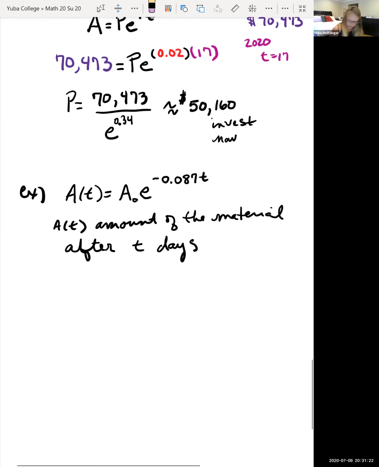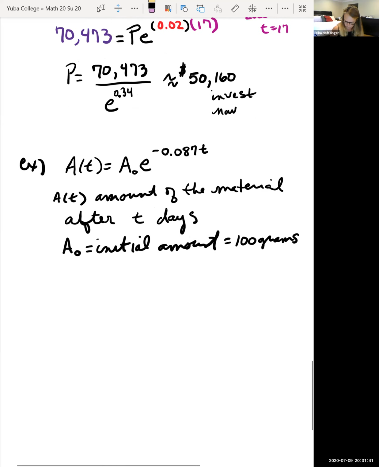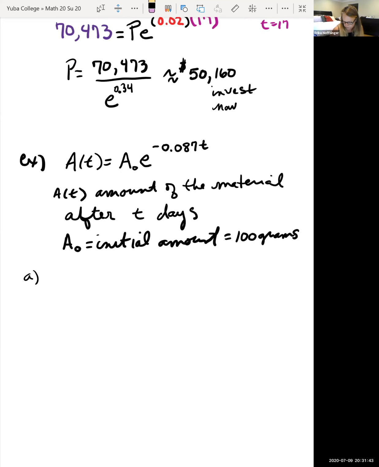And his initial amount was 100 grams. So what is the decay rate?